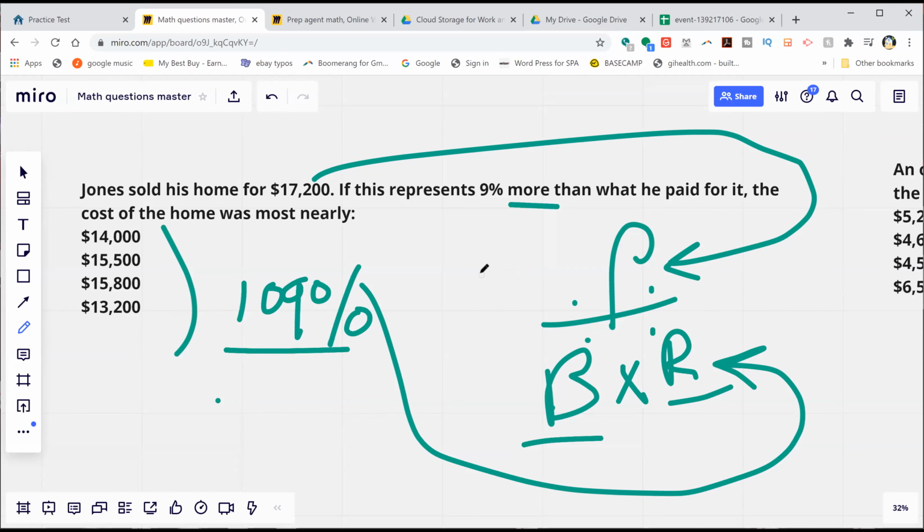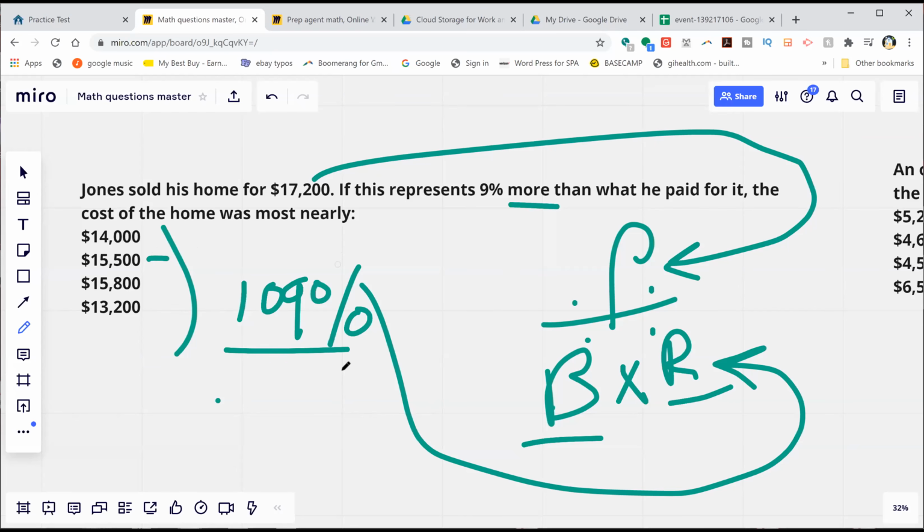So it's more than what he paid, which is 100% plus something. So this is 109%. So here we go. The formula that we're going to use is 17,200 divided by 109%, which is represented as 1.09 on your calculator. So you're talking about 15,500 on that one.